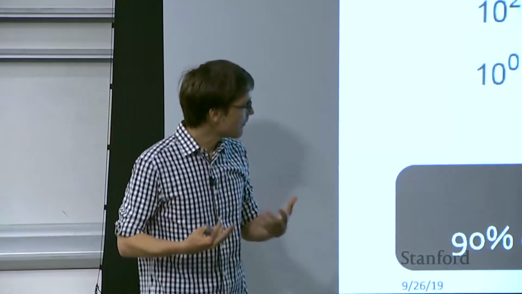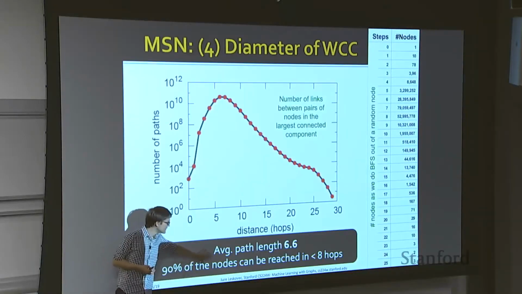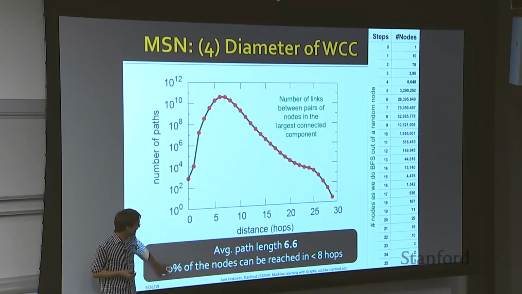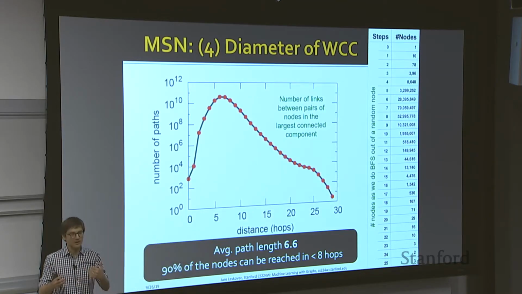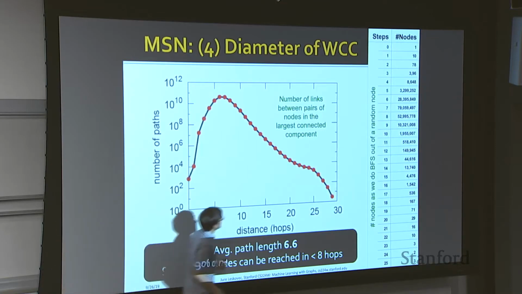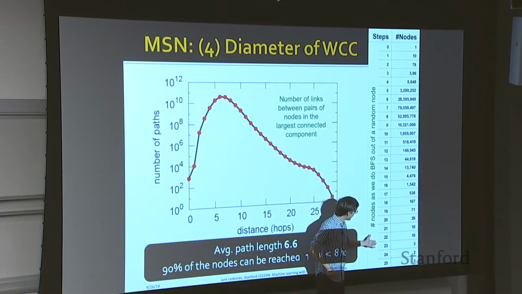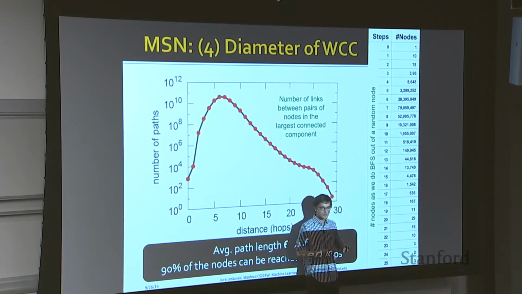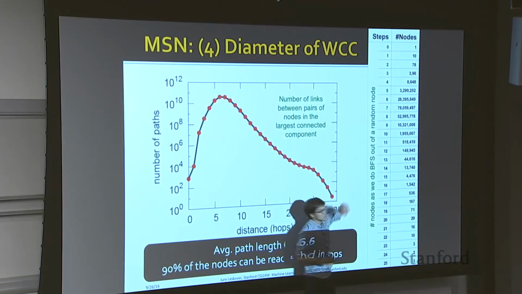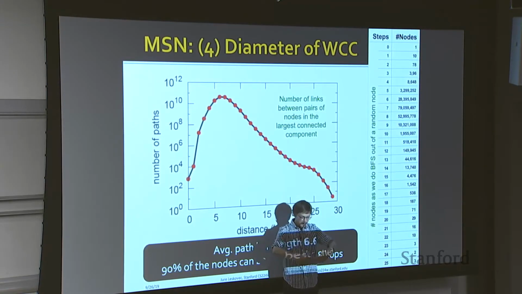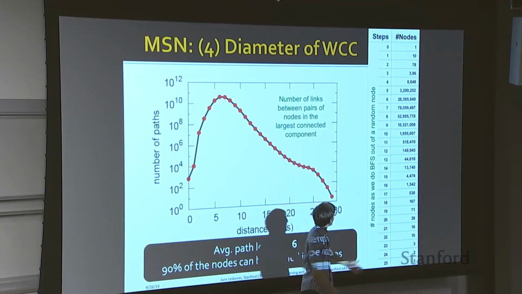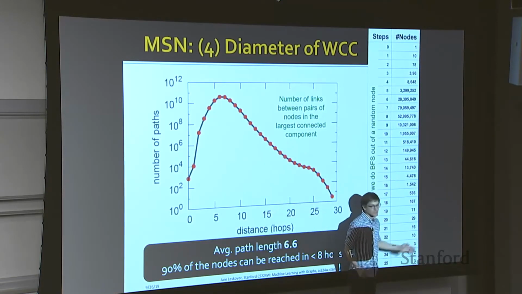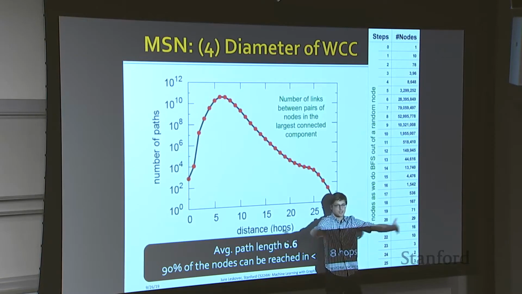So the world is amazingly well connected. And if you ask what's the average shortest path length, it's 6.6. And 90% of all the pairs of nodes can be reached in less than 8 steps, so in 7 or less. And just to show you how this looks, if you take a random node and ask how many neighbors are at step 1, step 2, step 3, this is basically the frontier of the breadth first search as you go.